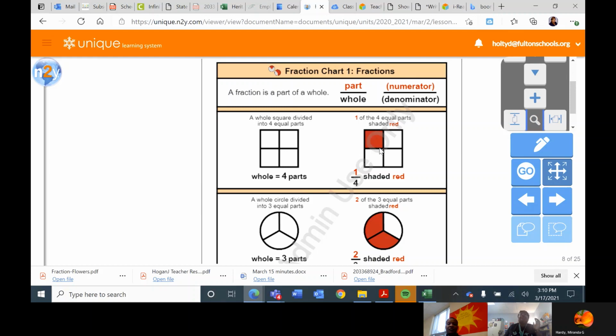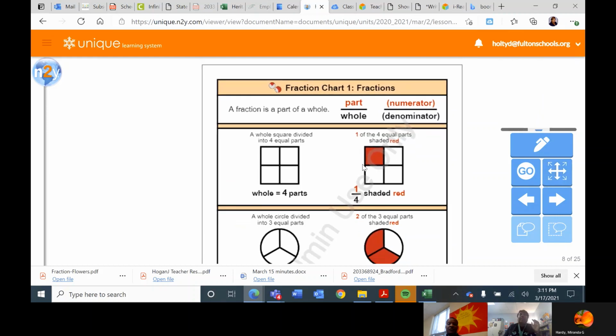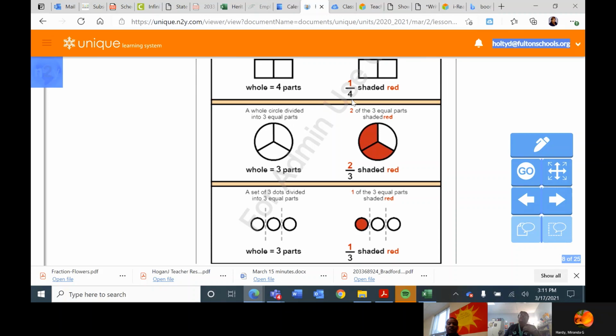Okay, boys and girls? Then we can look at a circle. Let me move it up a little so you can see. So we have a whole circle. Let's think about a pizza pie, and we decided to divide this pie into 3 equal parts.